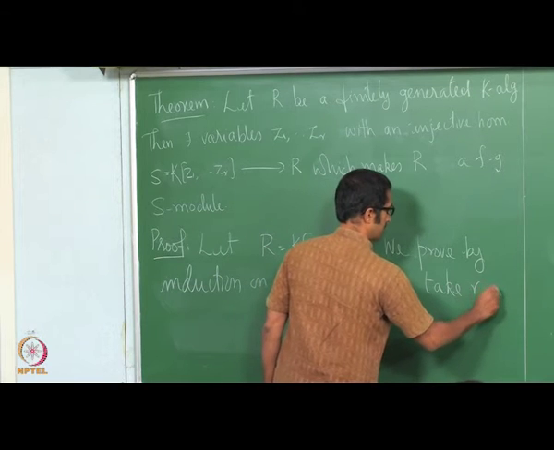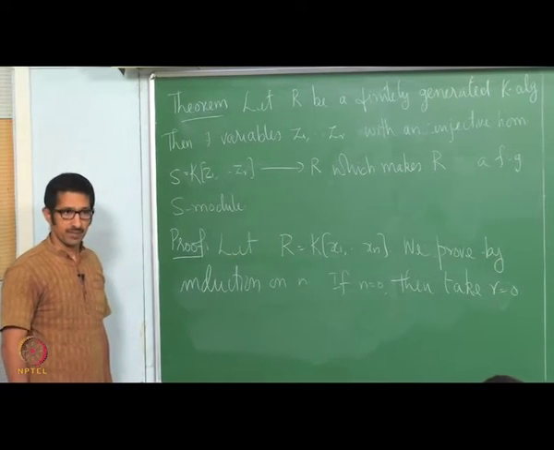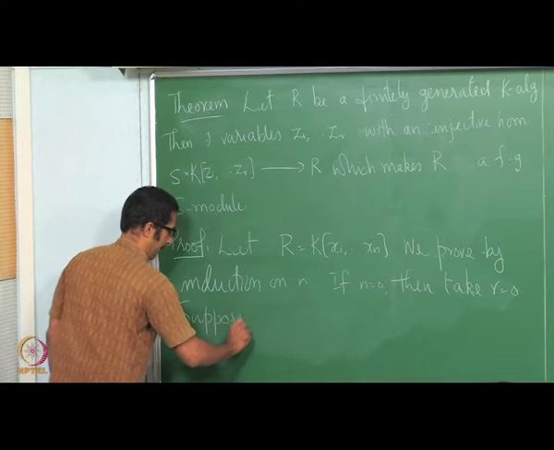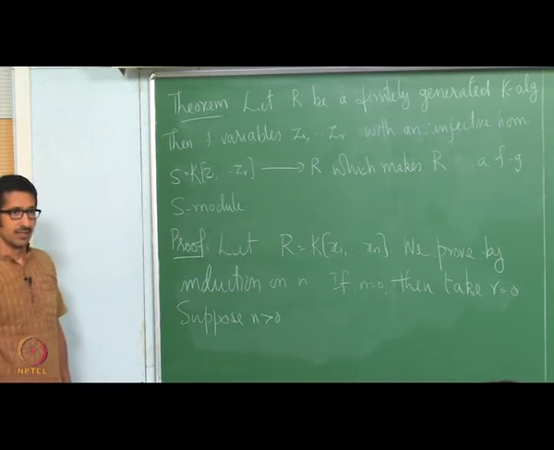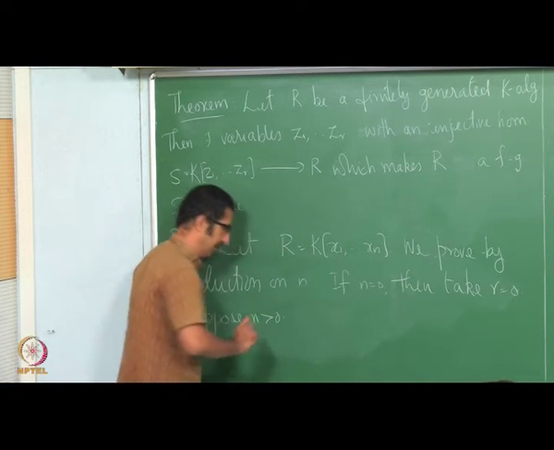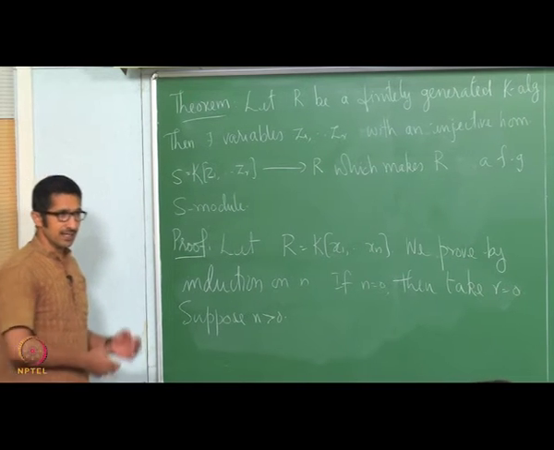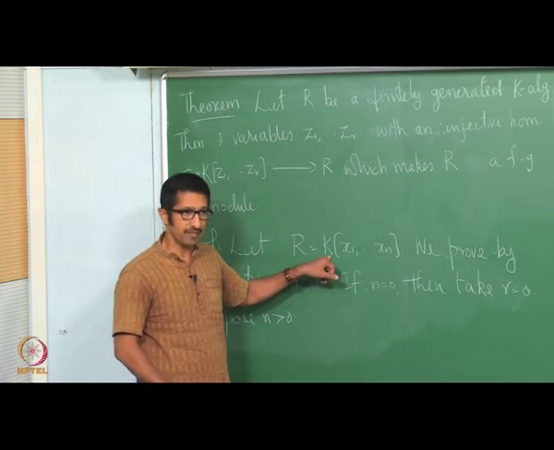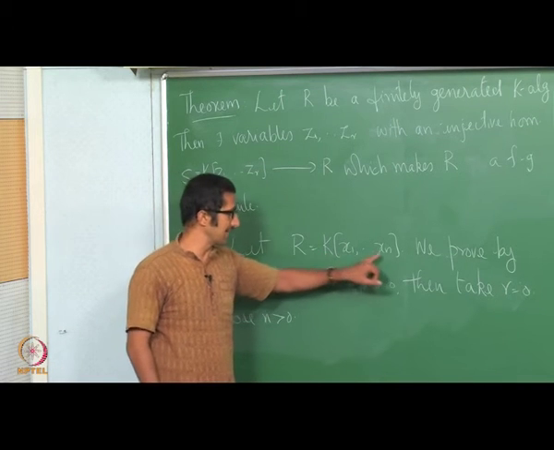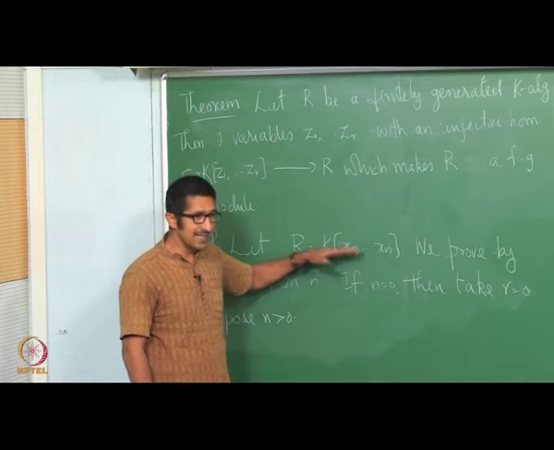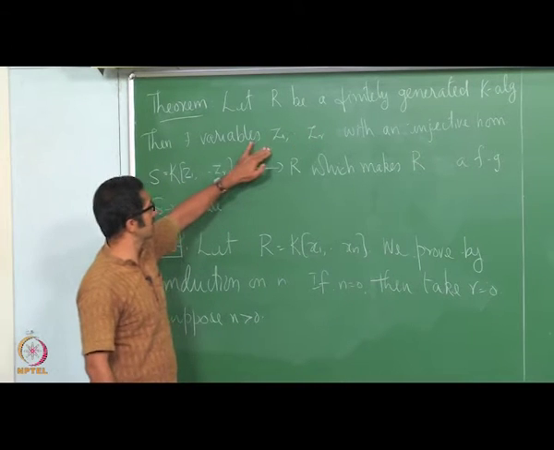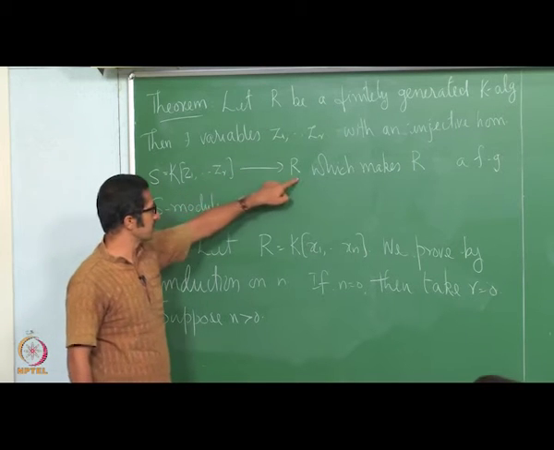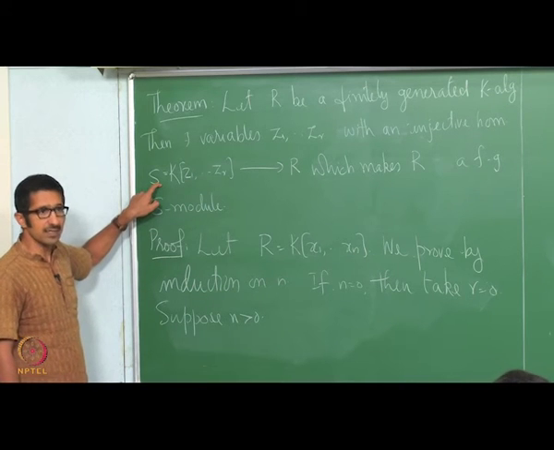Now, suppose n is positive. Let us assume by induction that if I have a finitely generated K algebra generated by less than or equal to n minus 1 elements, then I can find some z1 up to zr, so that this becomes an inclusion and R becomes a finitely generated S module.